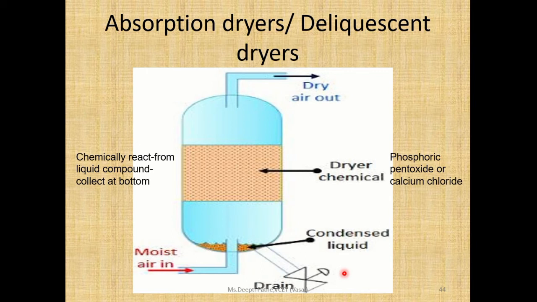So the moist air will inlet and come across the dryer. The phosphoric pentoxide and calcium chloride will start chemically reacting with it. So it will collect the liquid components and let the dry air pass out. The liquid collected at the bottom section, which is a condensed liquid, can be easily drained out with a manual drain valve. So this is an absorption dryer.